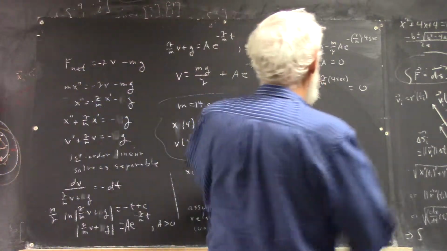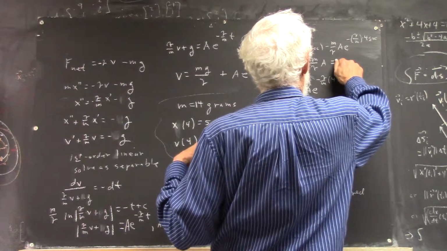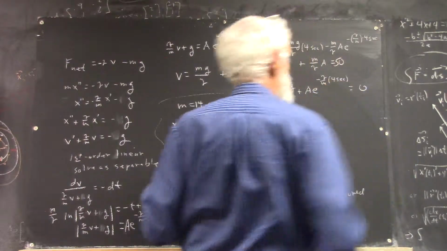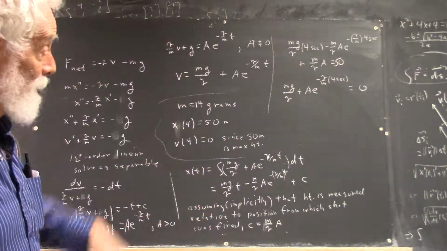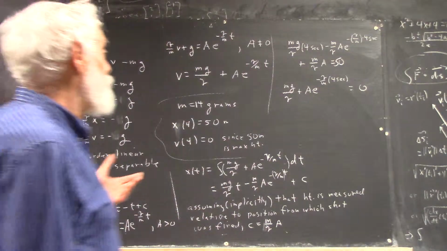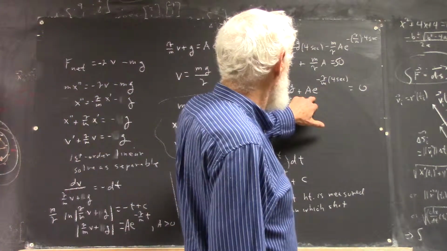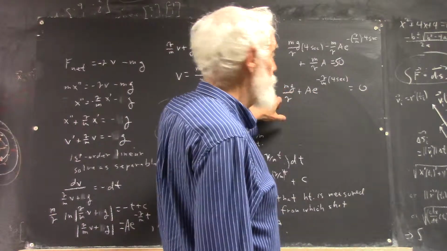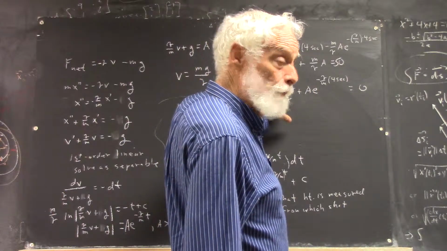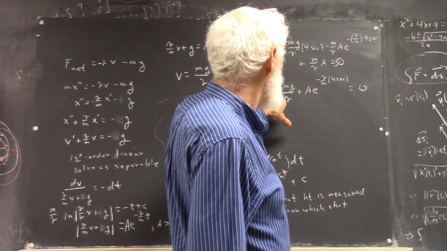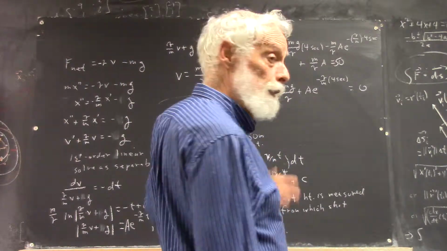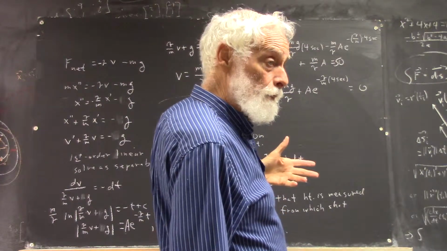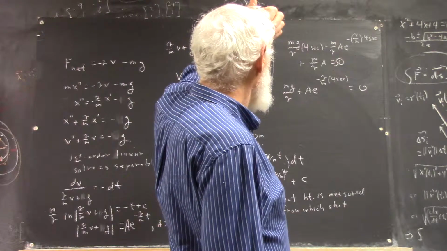Yeah, x of 4 is 50. And that is going to help, because now we have an expression for A e to the negative gamma over m times 4 seconds, which is just negative mg over gamma. So you can solve for A.